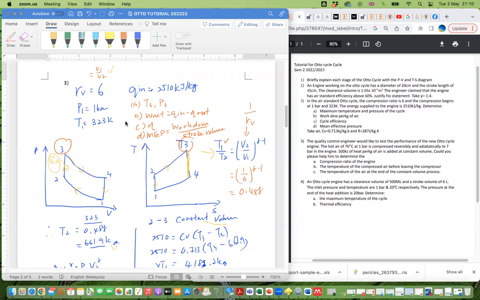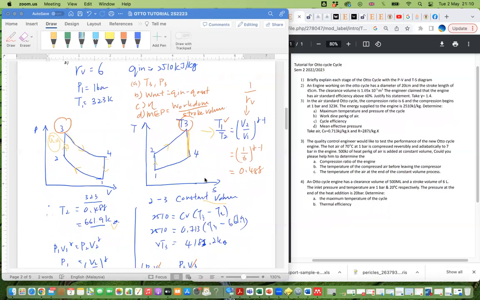Okay, so for the maximum temperature, if you are a beginner and not familiar, I advise you to draw the PV and TS diagrams. For the Otto cycle, first 1 to 2 is isentropic compression. Isentropic compression has no heat in or out, so entropy change is 0. Therefore you have a vertical line from T1 to T2.